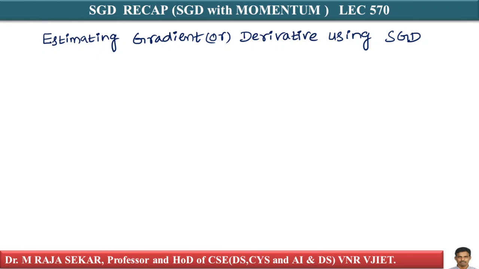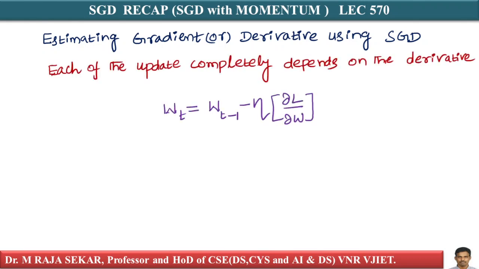When you are estimating, each of the updates depends completely on the derivatives, because the derivative defines your whole update literally.